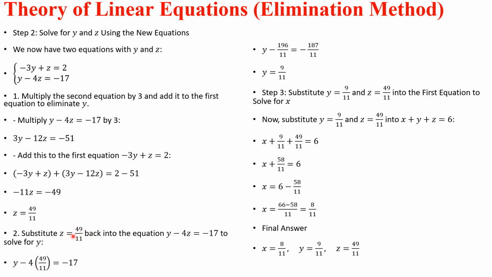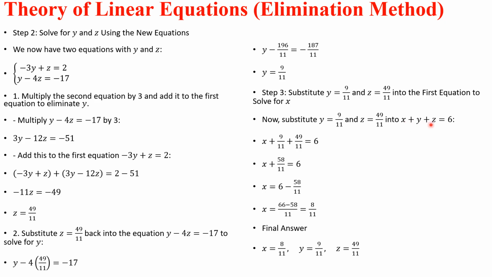We substituted this for z, and we played around with it sufficiently to determine y, which equals 9 over 11. And we can also substitute 9 over 11 for y and 49 over 11 for z into any of the earlier equations to find x.